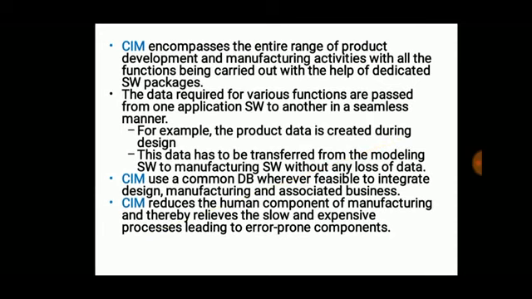Then SIM reduces the human component of manufacturing, and thereby relieves the slow and expensive process leading to error prone components. SIM produced components are defect or error free because the automated system will never get tired, bored, or hungry, because they are electronic.